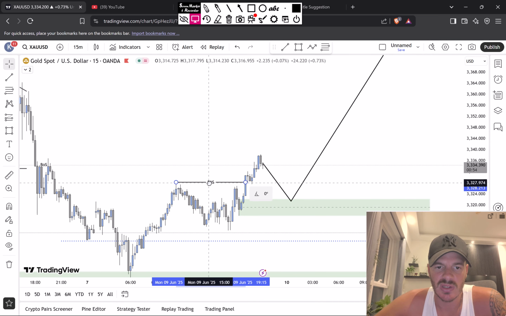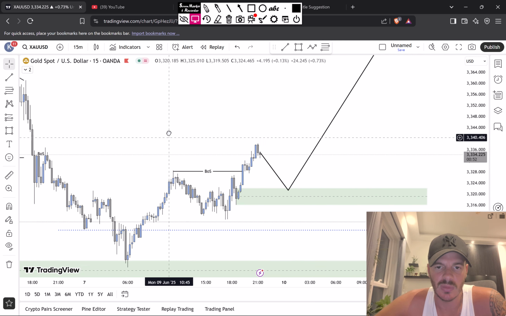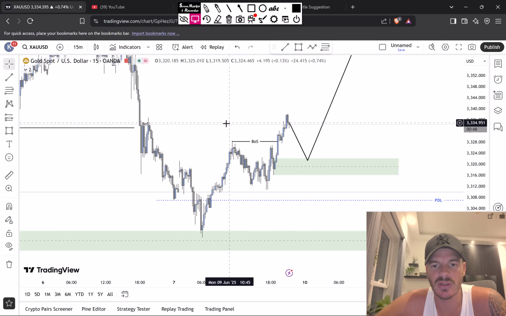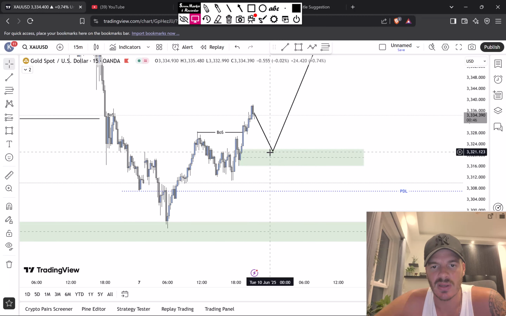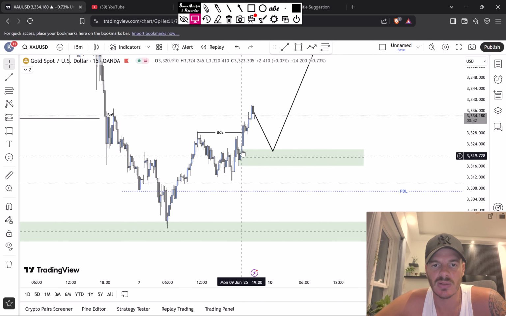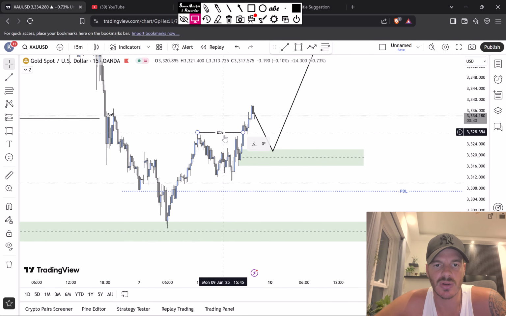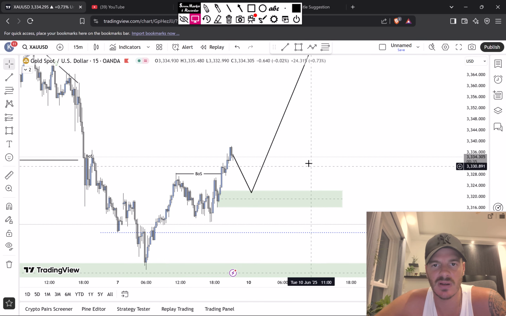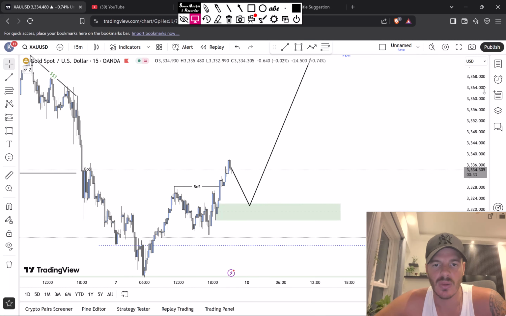If I hadn't entered this market yet, I did, but if I hadn't, I would take a trade exactly over here. I consider this a strong demand zone because it broke the structure previously, and I would expect the market to come somewhere to this level and then go all the way up.